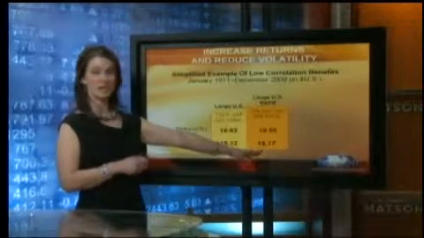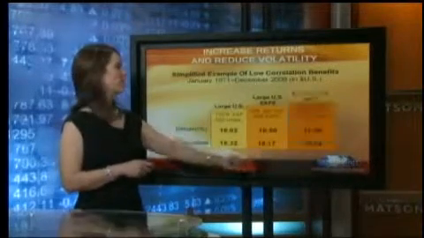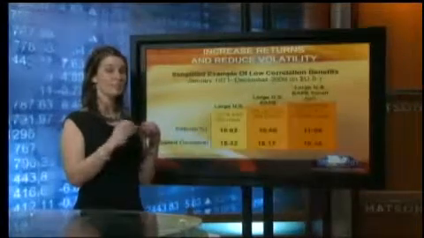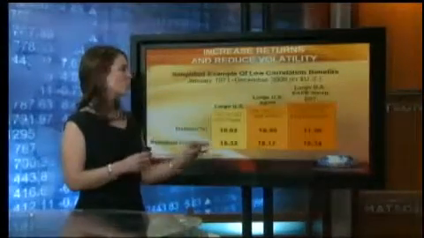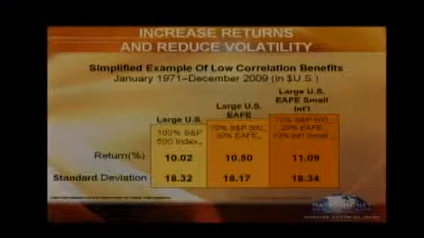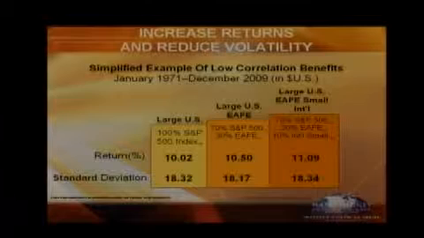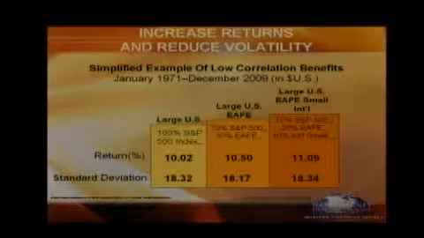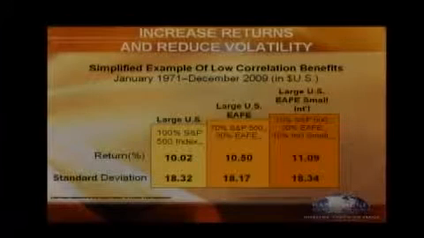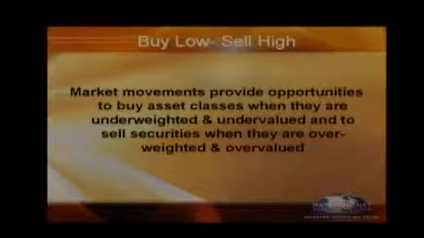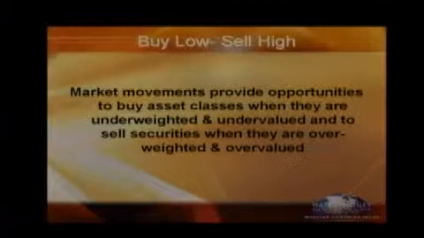Our standard deviation has dropped a little. And then if we actually take that 30% of international and put 10% of that into international small companies, we actually bump up our return to 11%, so we've jumped all the way up a full percentage point from all U.S., but we've actually kept our standard deviation essentially the same. So we're increasing return, keeping our risk consistent. So that's how we do that part.